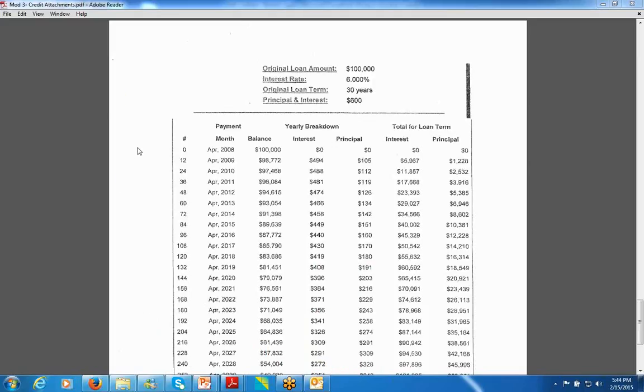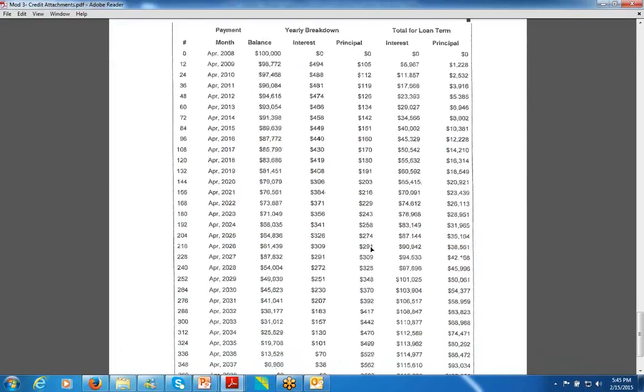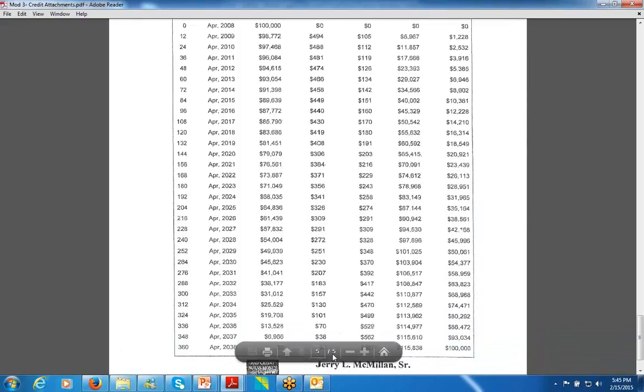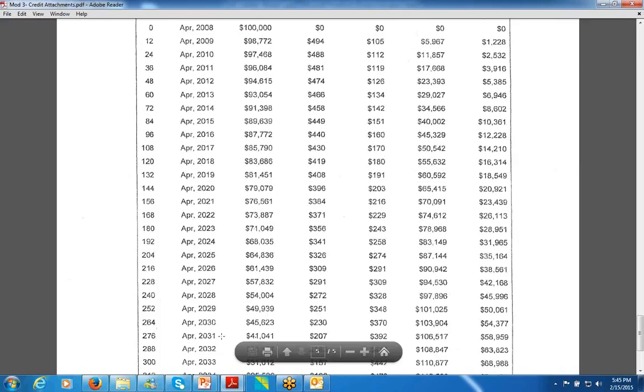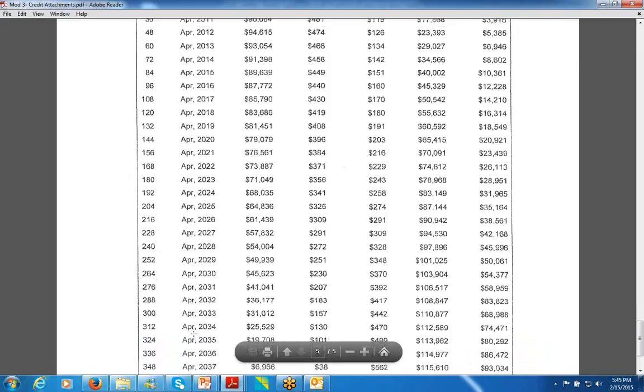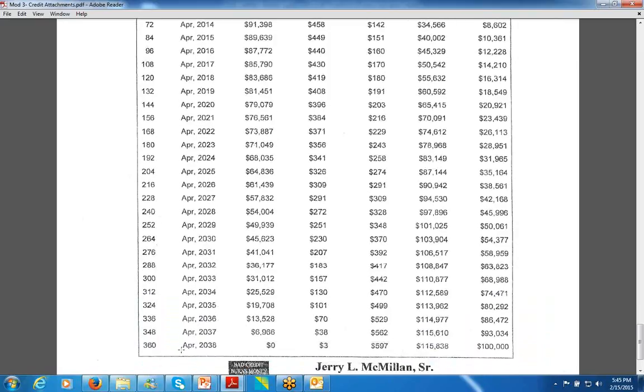And then when we look at the entire life of the loan, we can see as we get down to the latter years, you've got a lower balance.